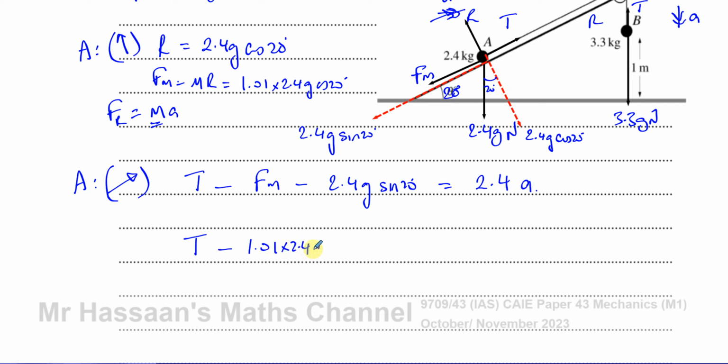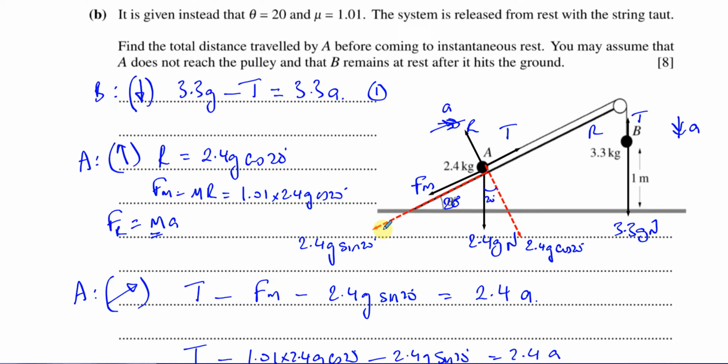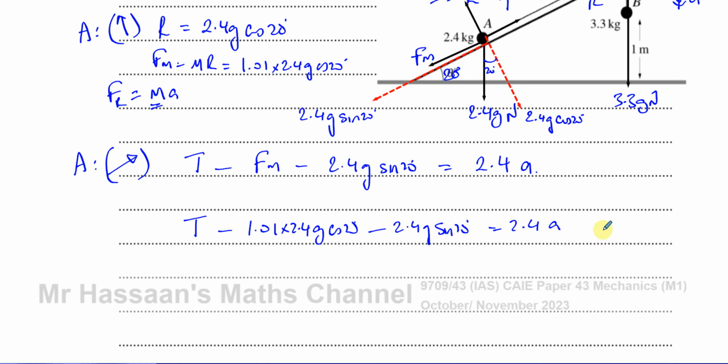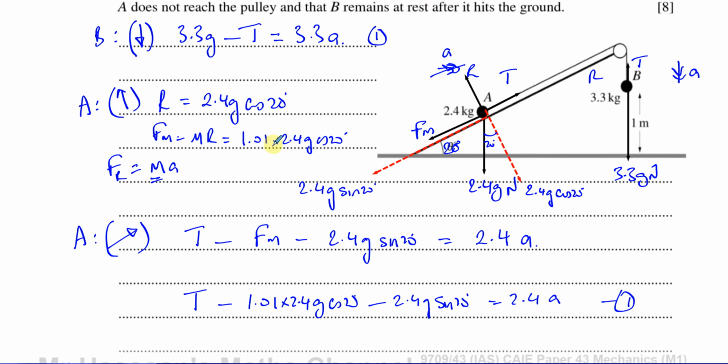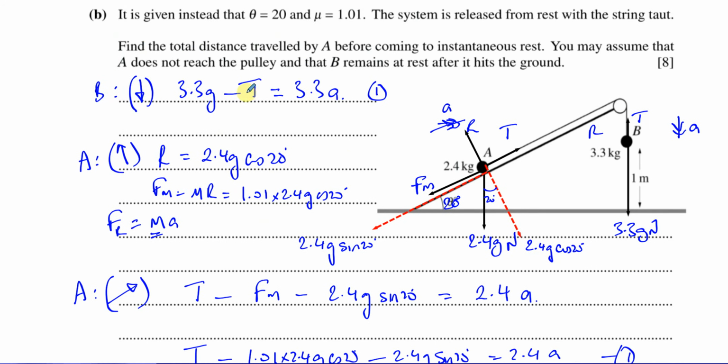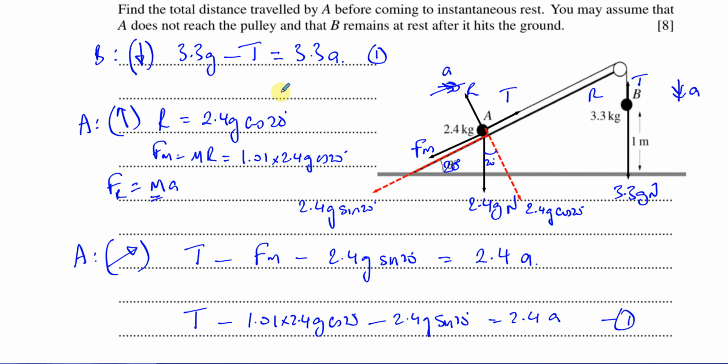Now with this, we can find the acceleration because we have two equations. I can use substitution if I want. I can say this means that T is equal to 3.3g minus 3.3A, so I can replace the T with that, or I can add the two equations together. I think it's easy to think about it this way, so I'm going to replace the T over here.